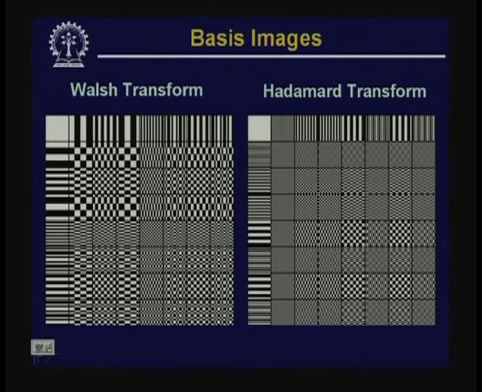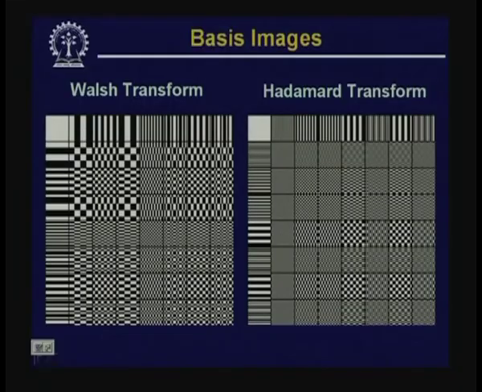So, the purpose of showing these basis images is that, as we said, the basic purpose of image transformation is to represent an input image as a linear combination of a set of basis images.